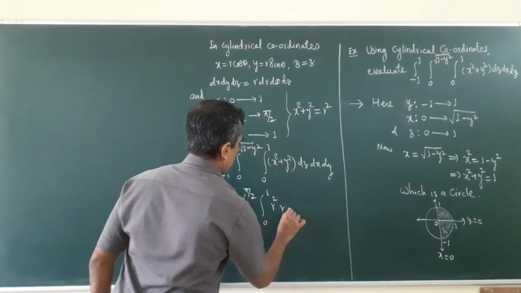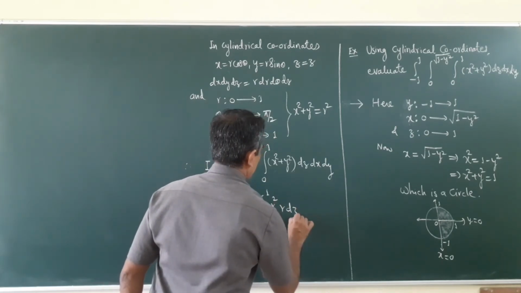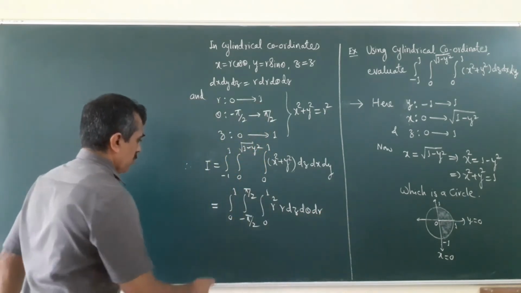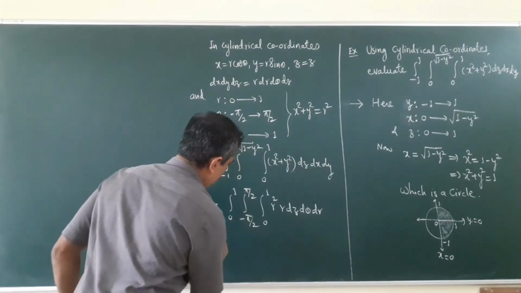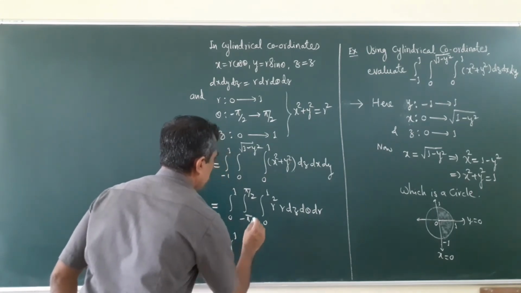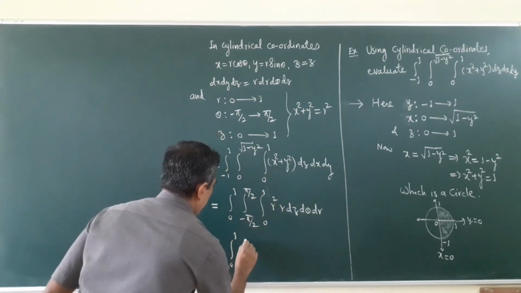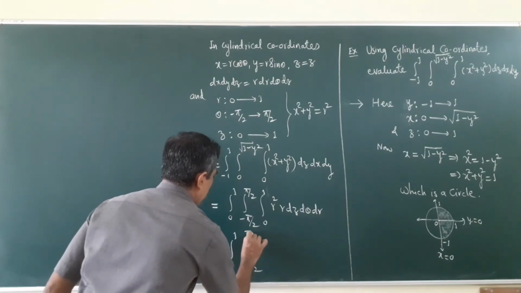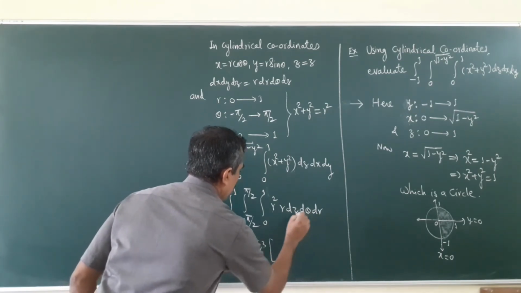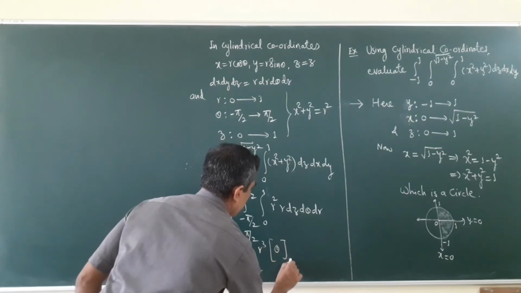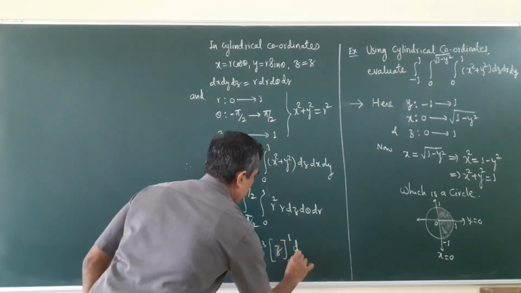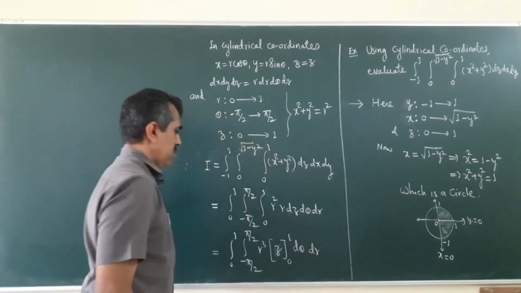And then r, I will write dz, d theta, dr. So this is equal to integral 0 to 1, integral minus pi by 2 to pi by 2, so this is r cube into integral of d theta is theta, dz is z over 0 to 1, this is d theta dr.